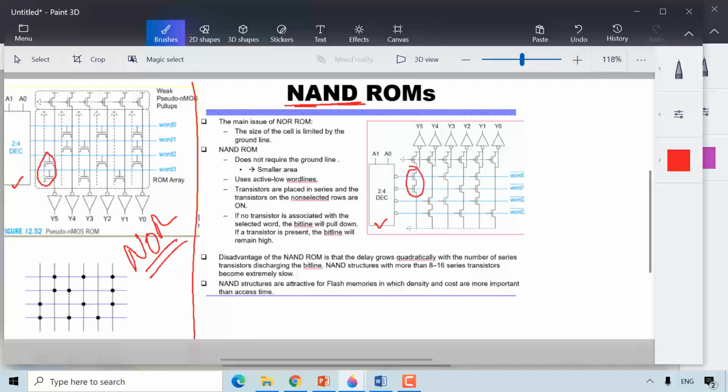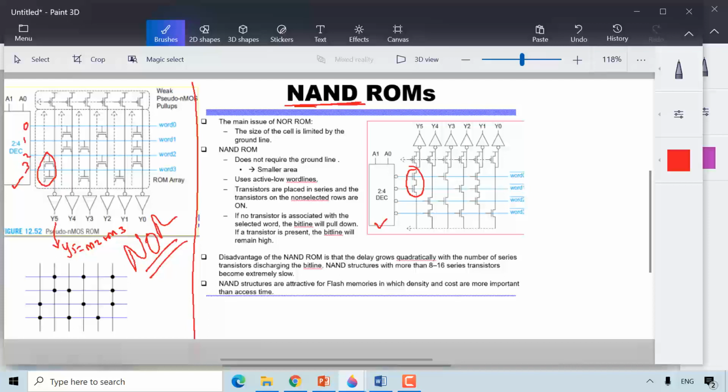Okay, so look at the similarities, and also you can see here, for example, Y5 equals what? Y5 equals min term 2 plus min term 3. So this is 0, 1, 2, 3.